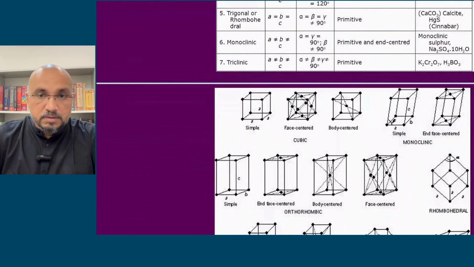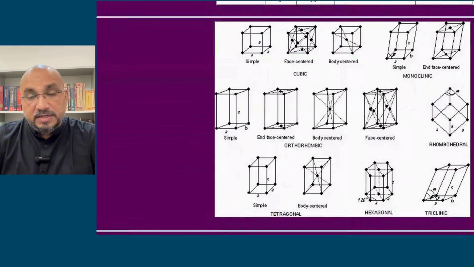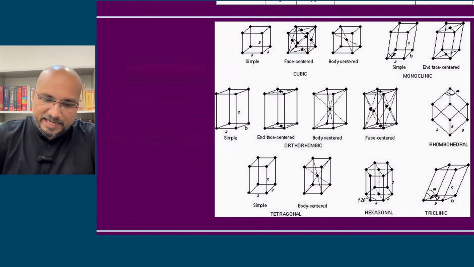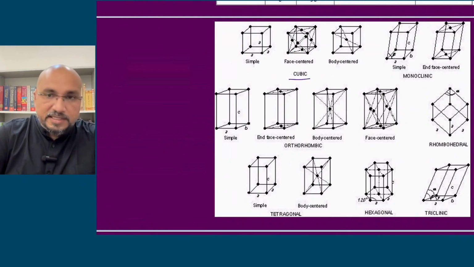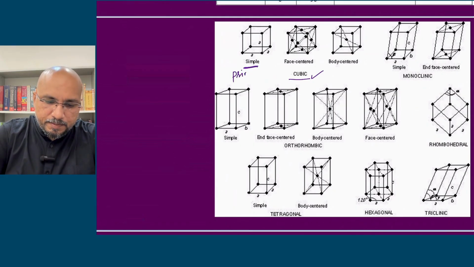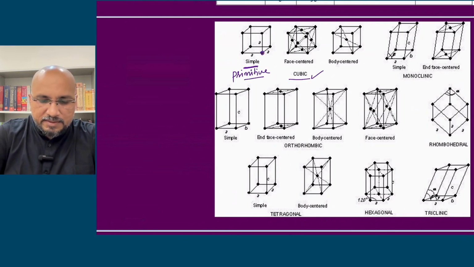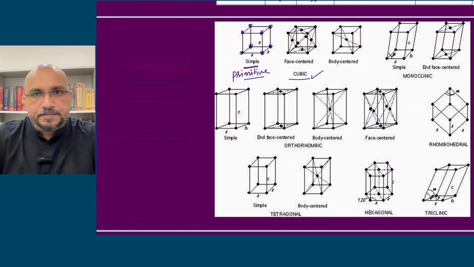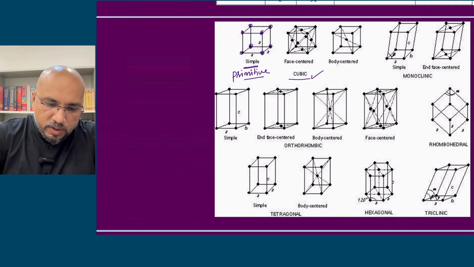Now, the diagrammatic representation of the different types of unit cells. You can see here in the cubic or isometric system, you have the simple or primitive type. In the primitive type you have atoms at the corners of the unit cell. Okay.